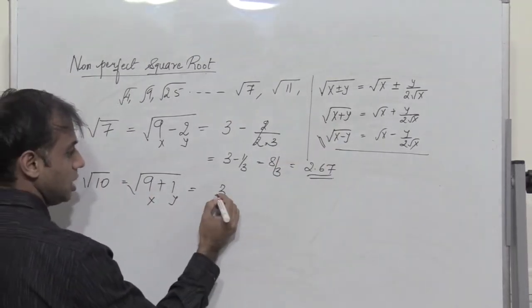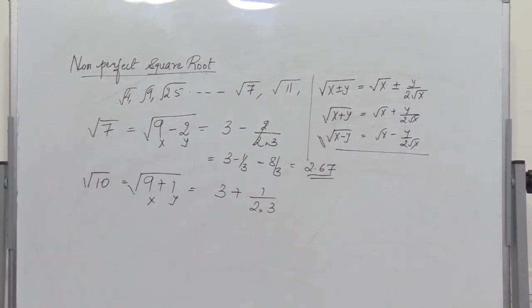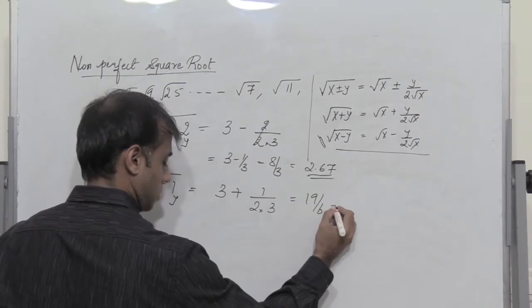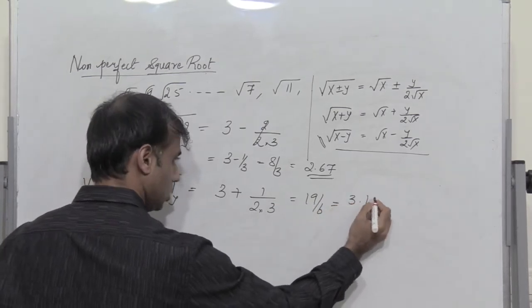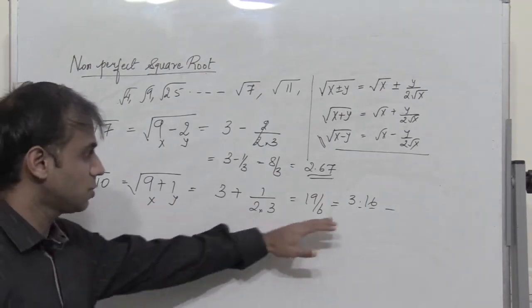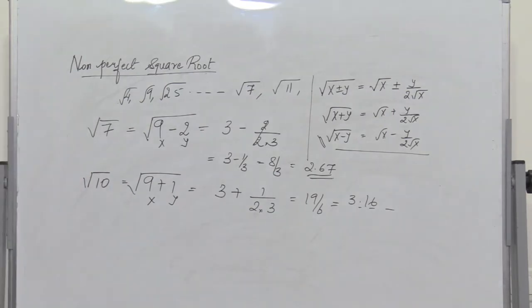Root x is 3 plus y is 1 divided by 2 into 3, so I have 3 plus 1 by 6. What is 3 plus 1 by 6? I get 19 by 6, which is 3.16. You can check using your calculators that root 10 is approximately equal to 3.16. Right? So now let us perform root 13.